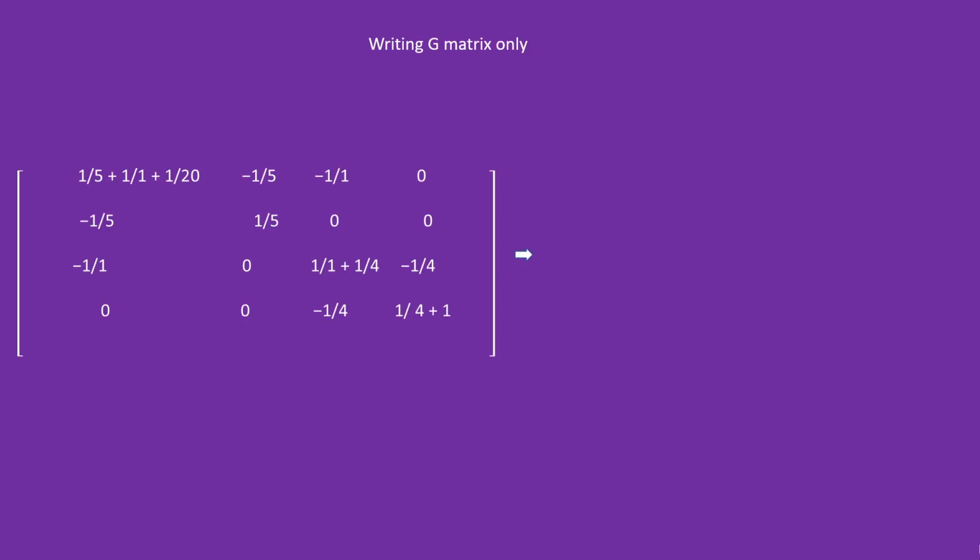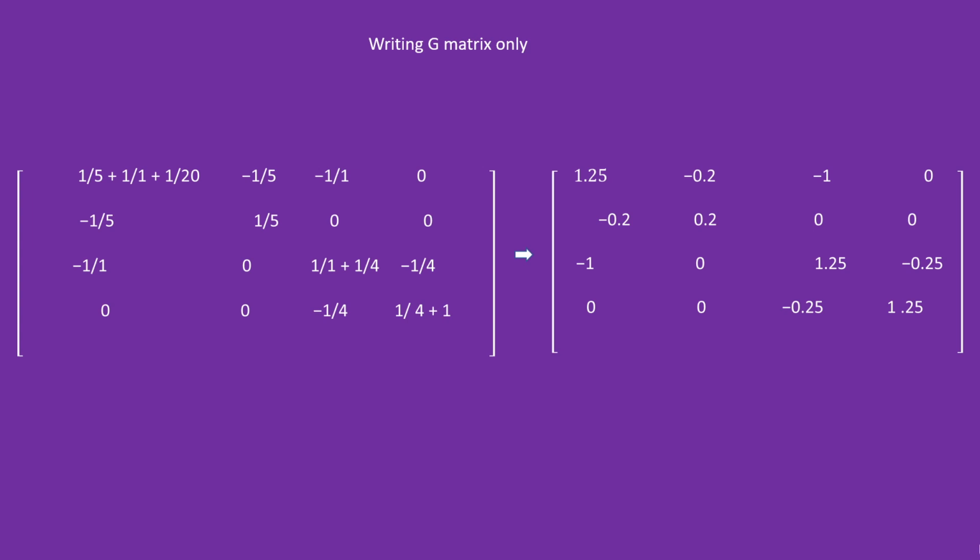Arranging all the G parameters in matrix form, we get it like this. And simplified, we get 1.25, minus 0.2, minus 1, 0, minus 0.2, 0.2, 0, 0, minus 1, 0, 1.25, minus 0.25, 0, 0, minus 0.25, 1.25.